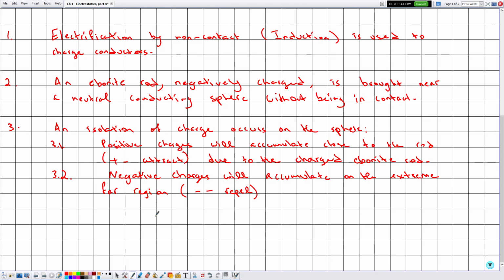Now moreover, in 3.3, this is just an isolation of charge, so till this moment the sphere is neutral. What happened so far is nothing but just isolation of charge.